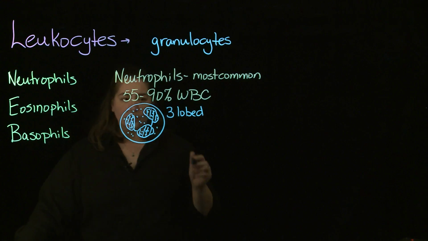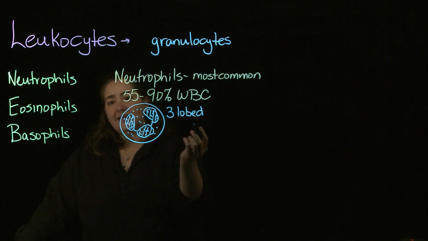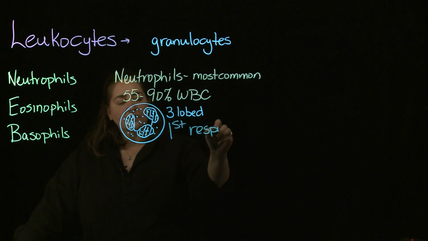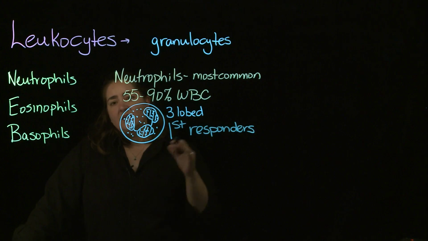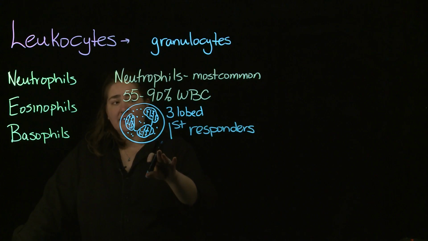And in terms of the neutrophil, I kind of think of these as your first responders, because when you have something happen in the body that requires an immune response, the neutrophils are usually the first ones to get to the site.